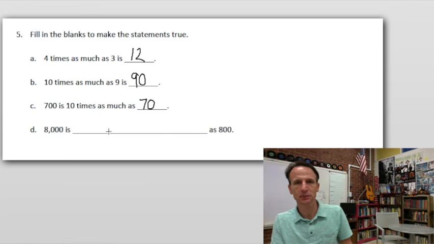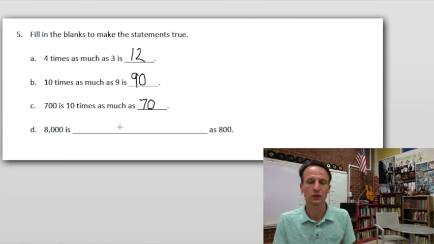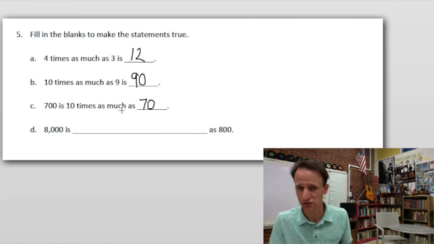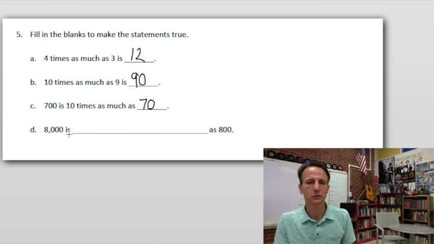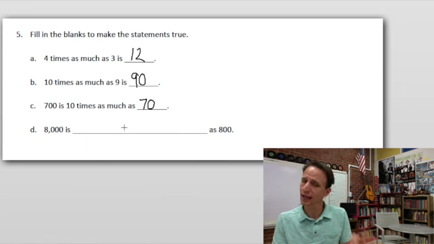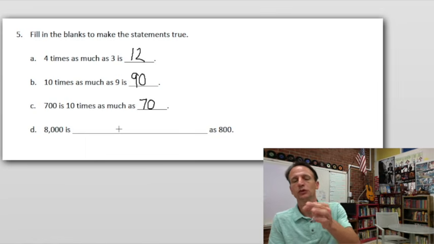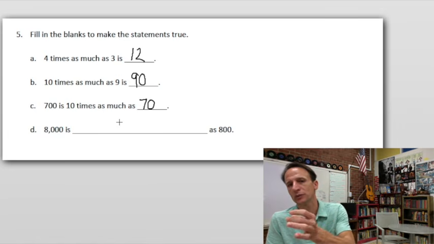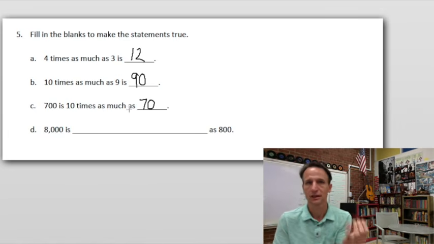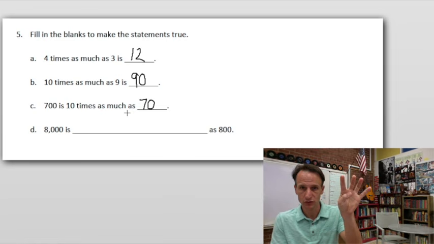Now here we have the blanks where we have to put in some words, probably having something to do with 10 times as much, yes? 8,000, what's the relationship between 8,000 and 800? Well, 8,000 is more. How many times more? Not how much more, but how many times more? To do it backwards, what would you multiply 800 by to get 8,000? Picture 800s in your place value chart.